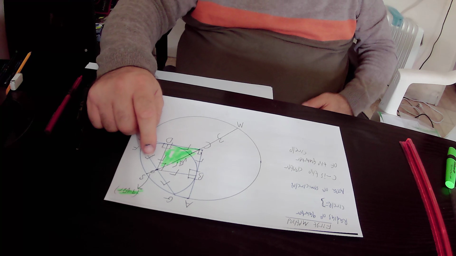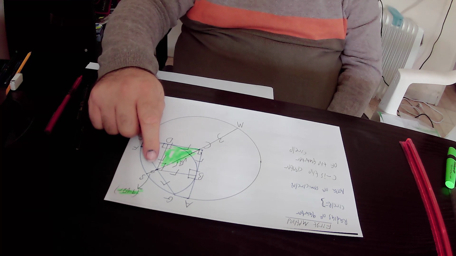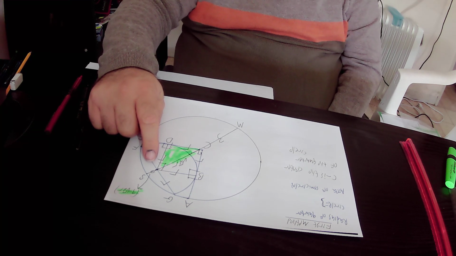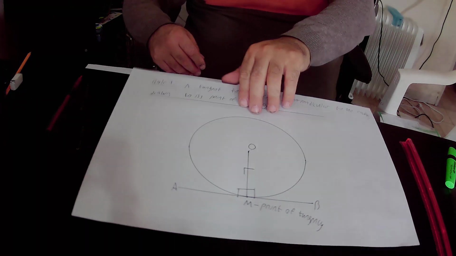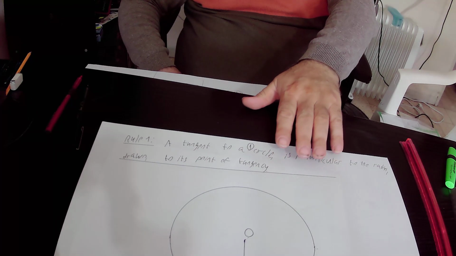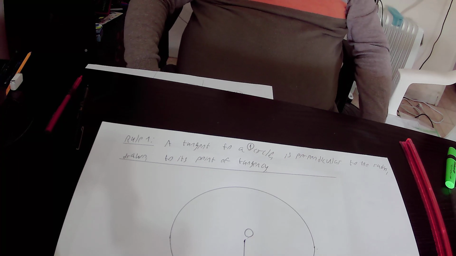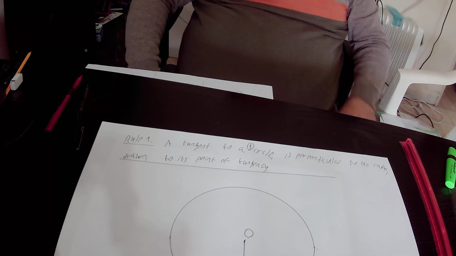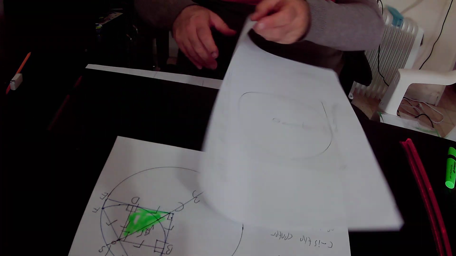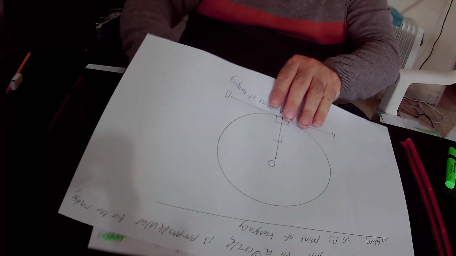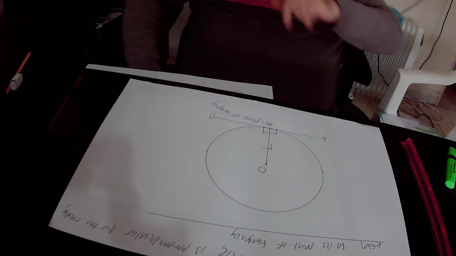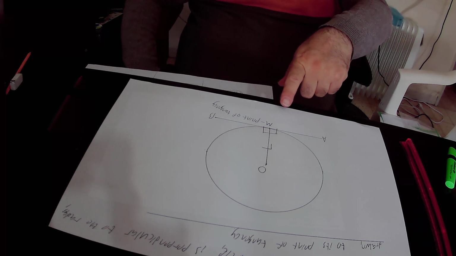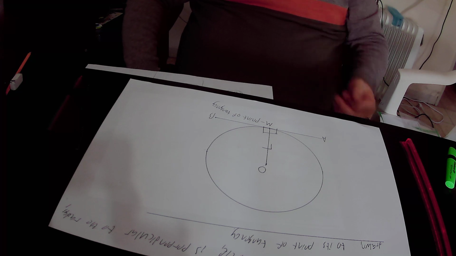So we defined the center of the semicircle as point O, and then I presented to you rule number 1. According to rule number 1, a tangent to a circle is perpendicular to the radius drawn to its point of tangency. What is the meaning of rule number 1? If we have this circle and tangent AB to this circle at point M, point M is the point of tangency.